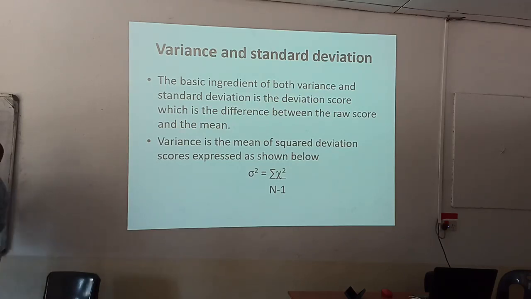So you always get a positive number, but at a higher scale than the original numbers because you square them. Okay? So that one, the square, the higher scale, is what is referred to as variance.